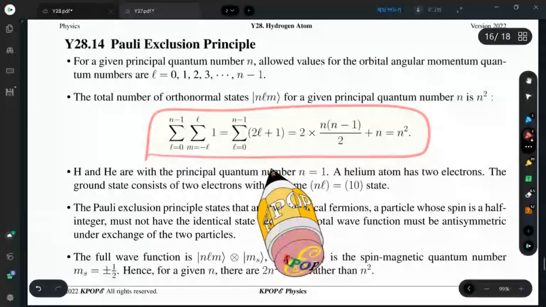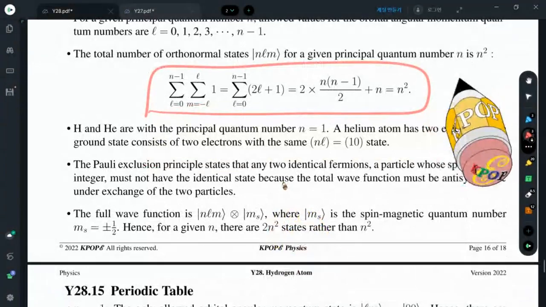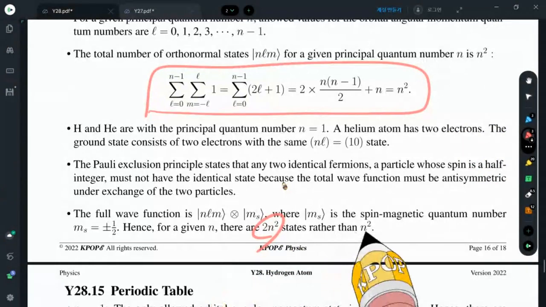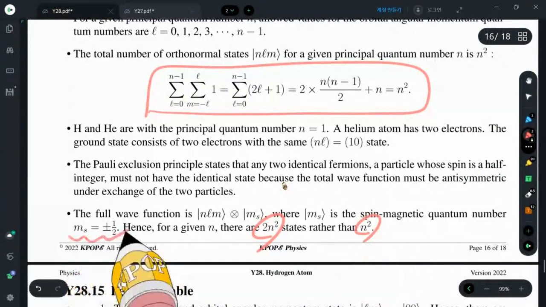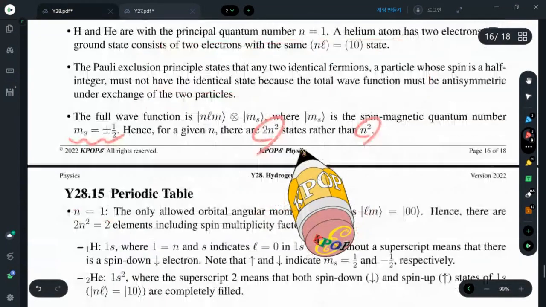Finally, this is the basis of a quantum mechanical understanding of the periodic table. Therefore, now the allowed number of states is 2n squared rather than n squared, due to the existence of spin and Pauli's exclusion principle, that any identical fermion system must have a completely anti-symmetric wave function under exchange of those identical particles.